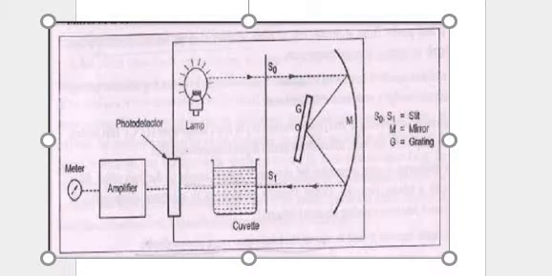The output from the photodiode is measured, and through the output electrical signal, we can identify the presence of materials in the sample solution. Now we will look at a small animated video so that you can understand very clearly.